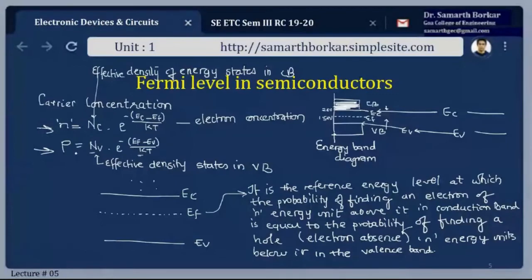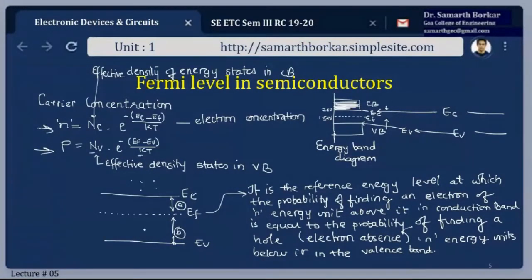So it is a function of EF minus EV, the difference in this energy level, and T. T is what? The temperature in degrees Kelvin. So let us mark this part as A and this part as B.